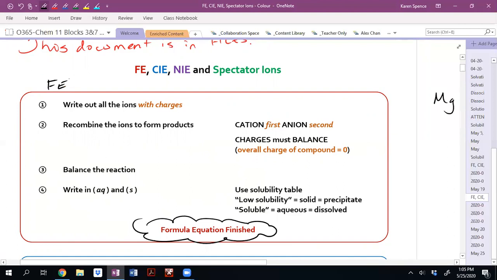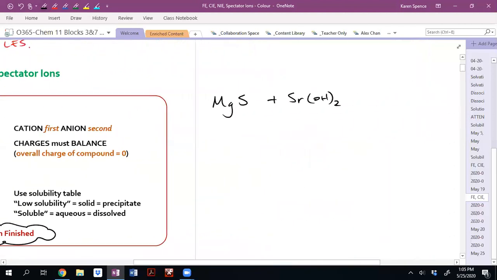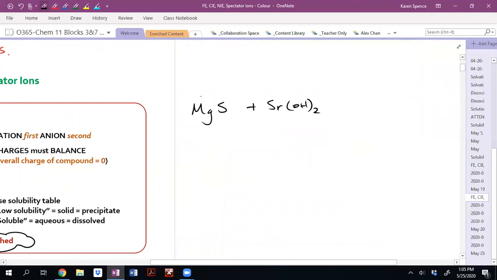In order to do that, we write out all the ions with the charges. So we have Mg2+, S2-, Sr2+, and OH-.